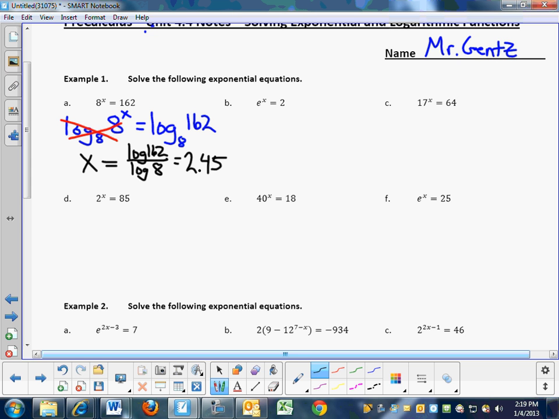Now, we said at the beginning that our answer should be between 2 and 3. Is it between 2 and 3? Yeah, so it makes sense. If you plug in 2.45, you're going to get 163. Logarithms like to be written to, say, 4 or 5 decimal places. You're not going to be asked to write to 4 or 5 decimal places. You could just write to the hundredths.